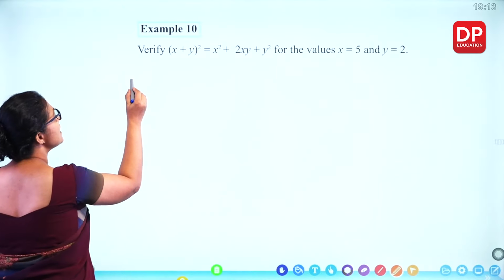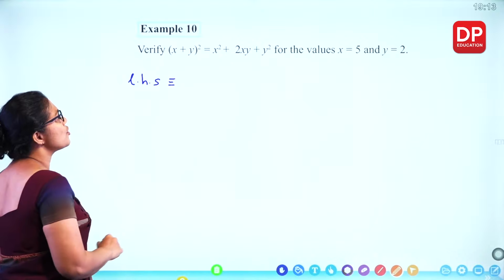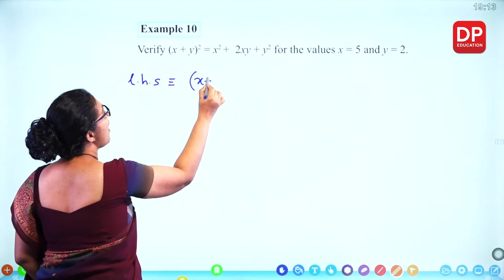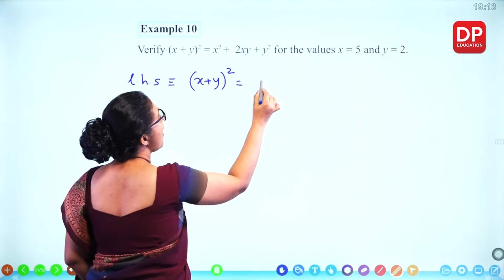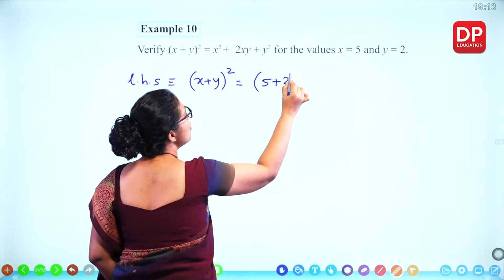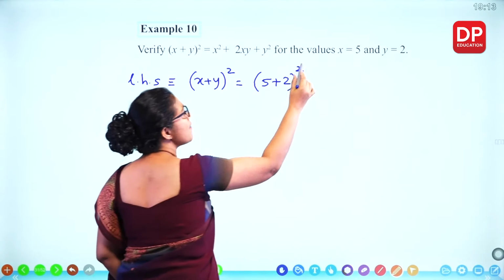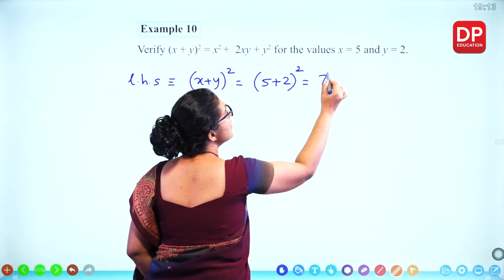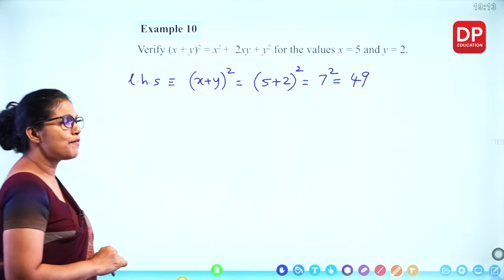First we'll take the left hand side: (x plus y) whole squared. If x is 5 and y is 2, what do you get? 5 plus 2 is 7. 7 squared is 49.